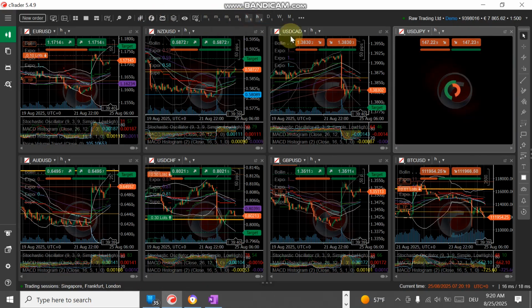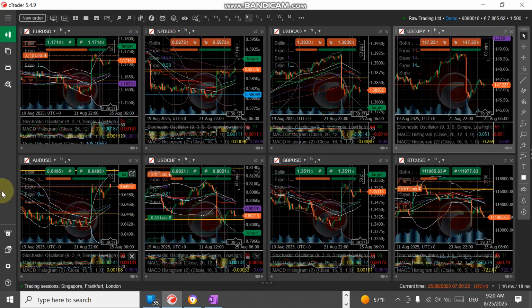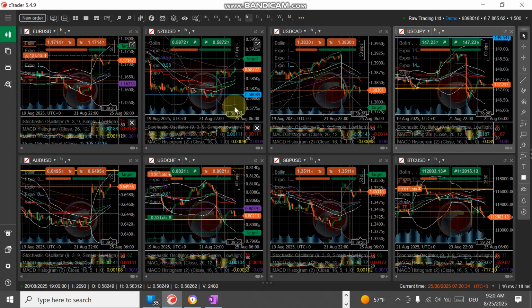So we approximately see the US, what happened at the 1 hour that this candle at London open, and you see any attention to go.